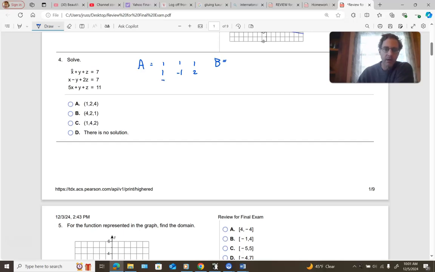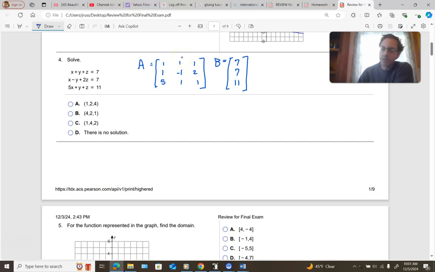And then for my third row, I'll have 5, 1, and 1. So this is my matrix A. And then my constant matrix B is going to be a 3 by 1 matrix, just consisting of those constants. So matrix A is a 3 by 3, matrix B is a 3 by 1. If you guys remember that about matrices.